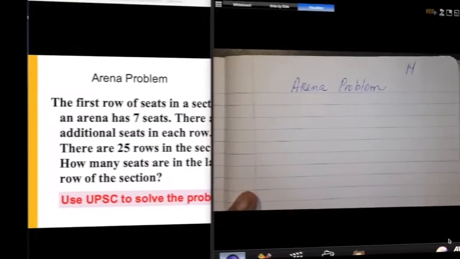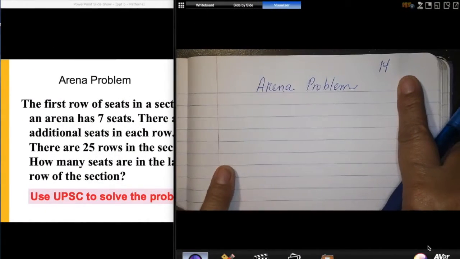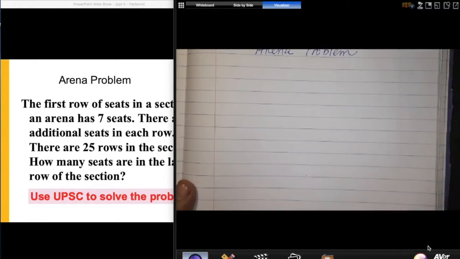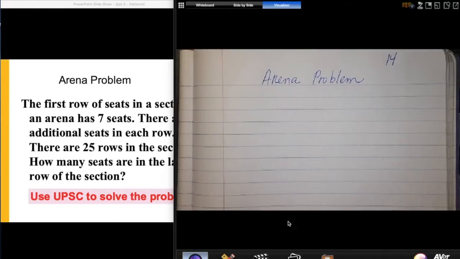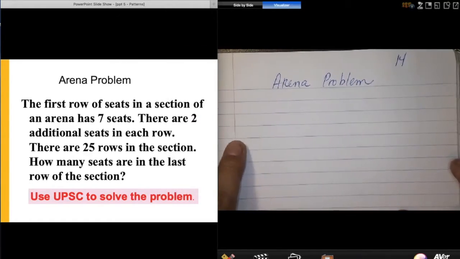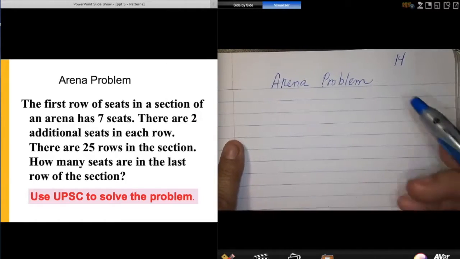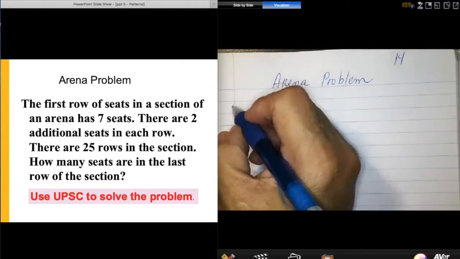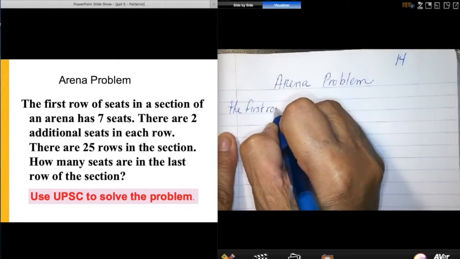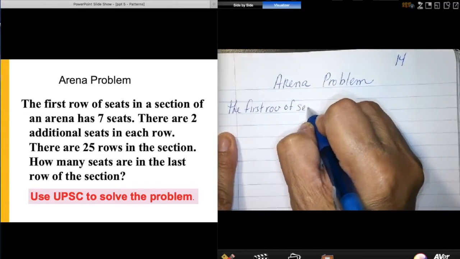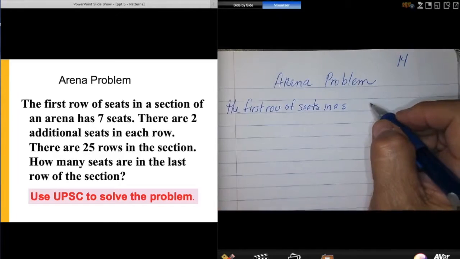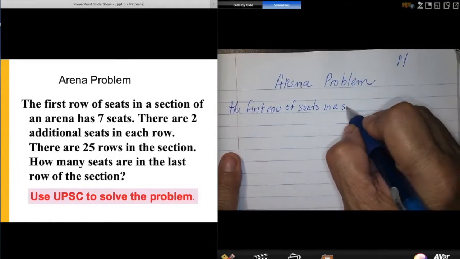With our last problem, on page 14, let's go ahead and copy the arena problem. We will need a full sheet of paper. Okay, so the first row of seats in a section of an arena has 7 seats. There are 2 additional seats in each row.